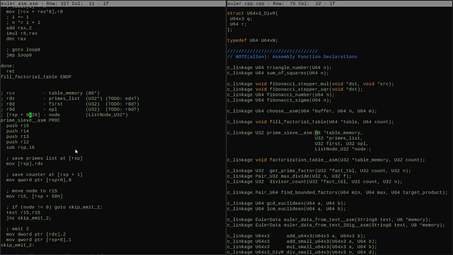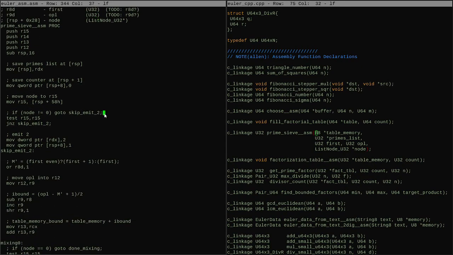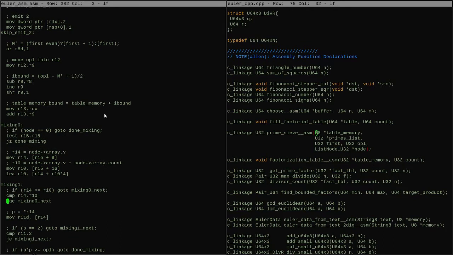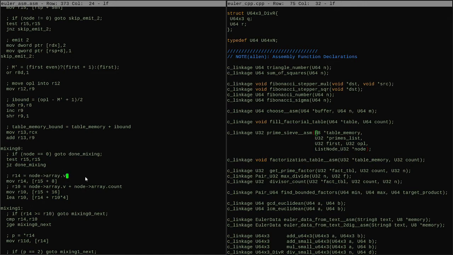Okay, so all of these are unsigned. So when I do jump greater than or equal, I'm comparing R14 and R10, and I don't remember what R14 and R10 are.